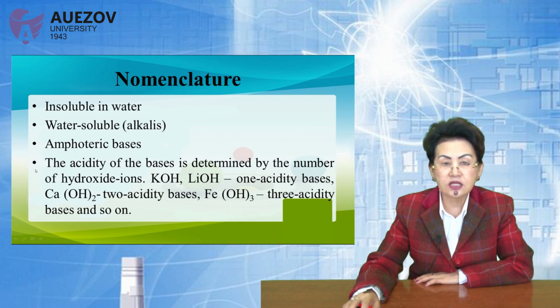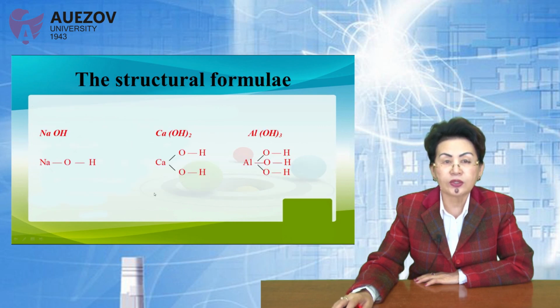The acidity of the base is determined by the number of hydroxide ions. For example, NaOH, LiOH are 1-acidity bases, Ca(OH)2 is a 2-acidity base, Fe(OH)3 is a 3-acidity base, and so on. The structure formula: NaOH, Ca(OH)2, and Al(OH)3.